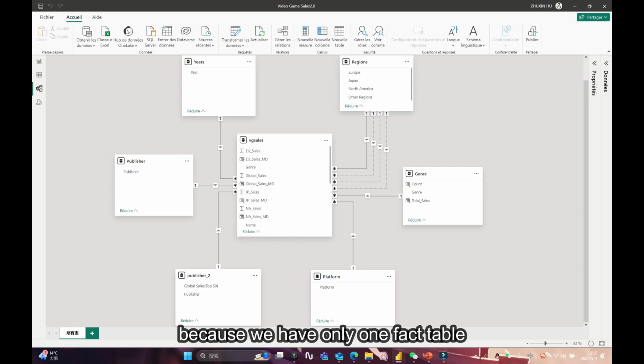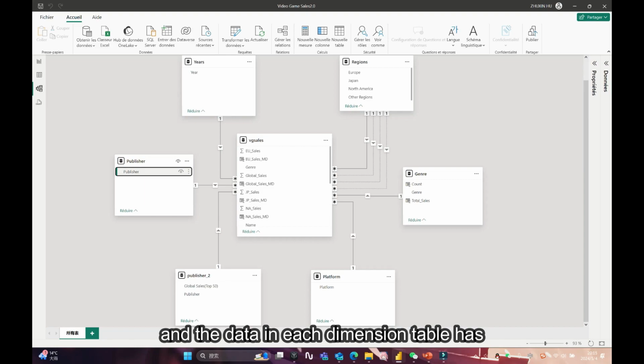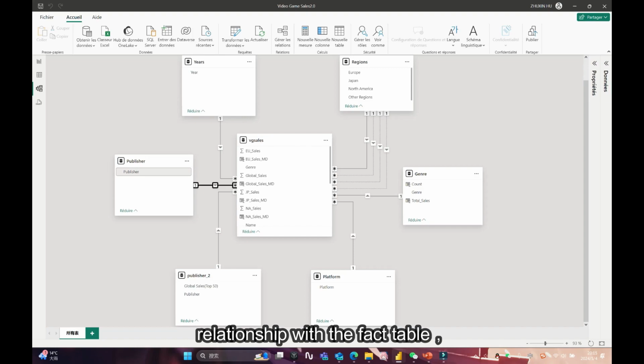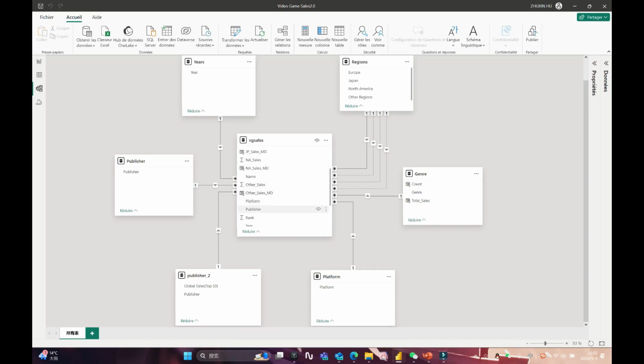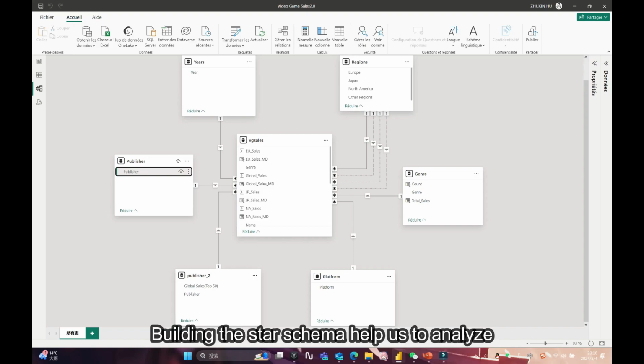Because we have only one fact table, and we have multiple dimensions, and the data in each dimension table has a one-to-many relationship with the fact table, meaning that each item can appear multiple times in the fact table, but can only appear once in the dimension table. Building the star schema helps us to analyze the data in multiple dimensions.